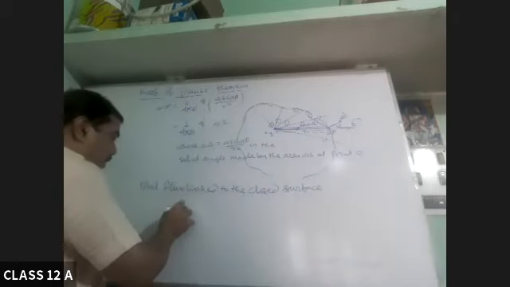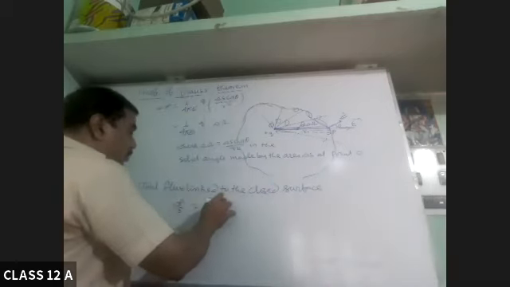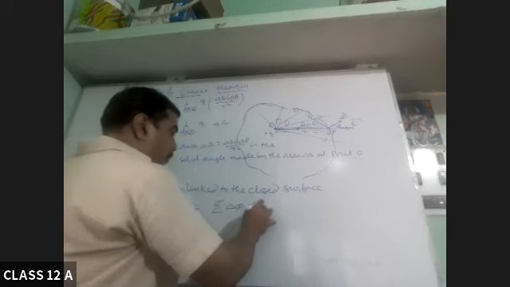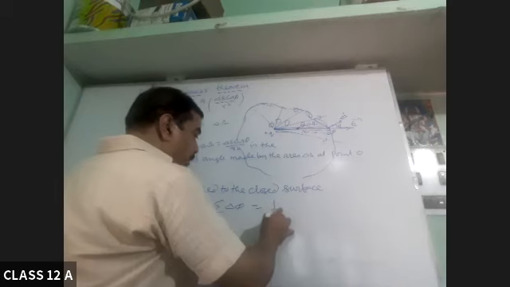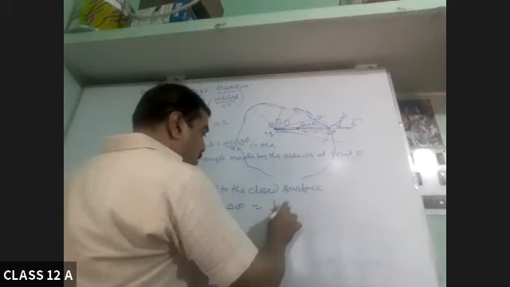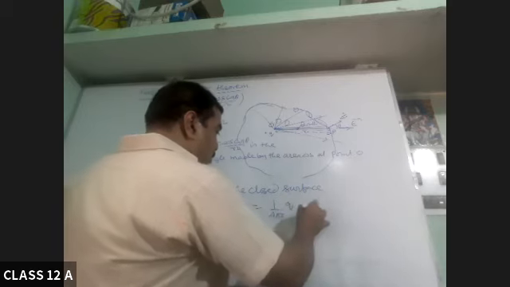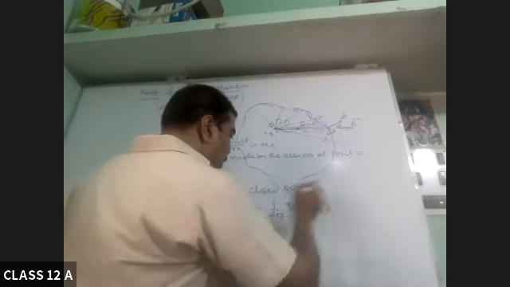is phi E, which will be equal to the summation of delta phi, which is 1 by 4 pi epsilon Q times the summation of the solid angles.